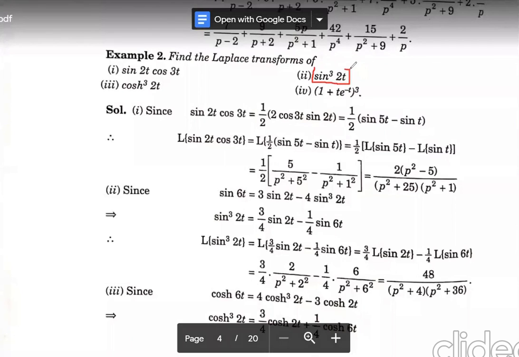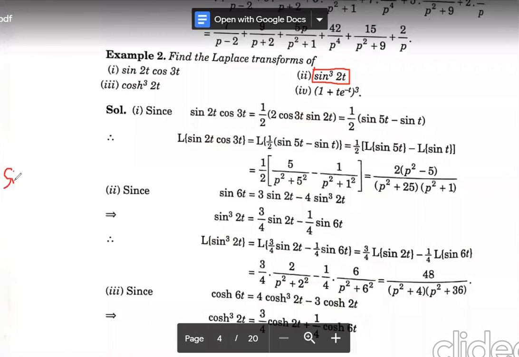This is very simple. You know the sine cube formula. If you remember this formula, switch off your videos.